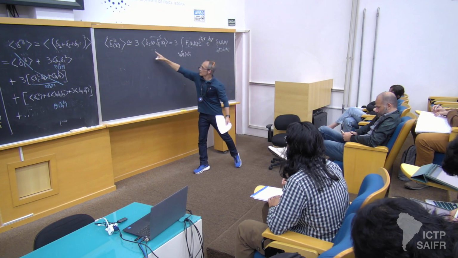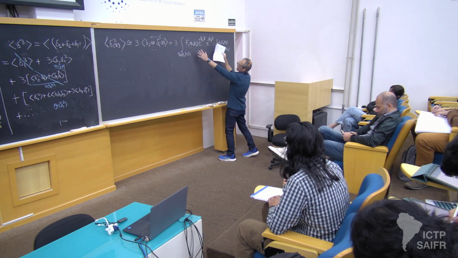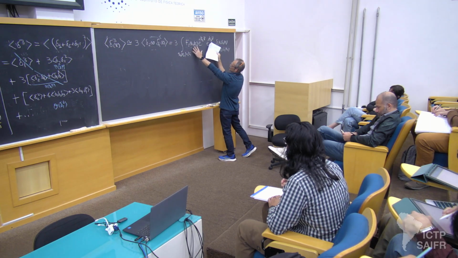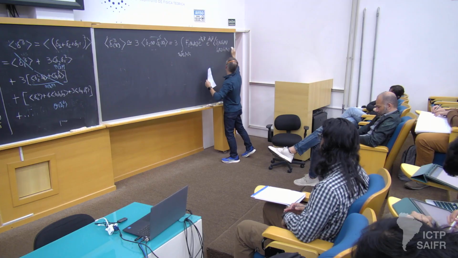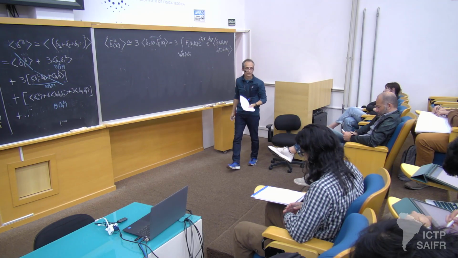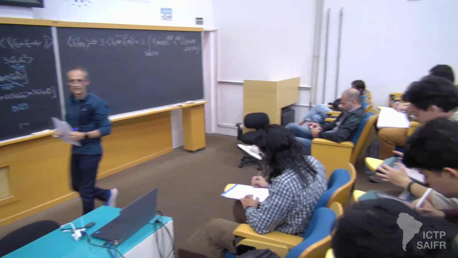And then I have expectation values. These guys don't care about expectation values because they are deterministic functions, so the only thing that is fluctuating are these guys. Okay? Questions about that?